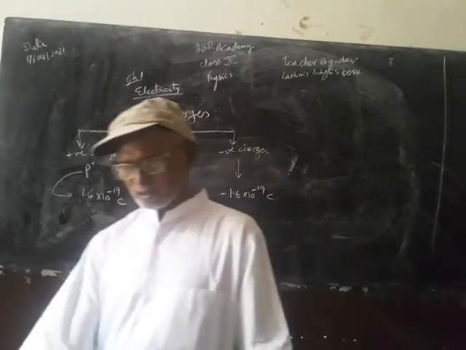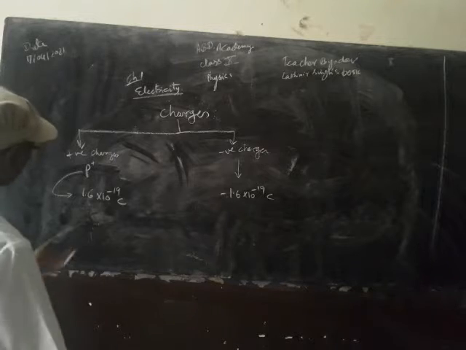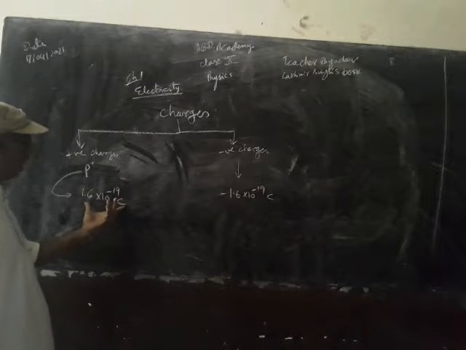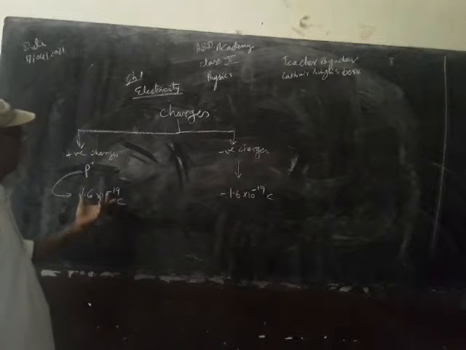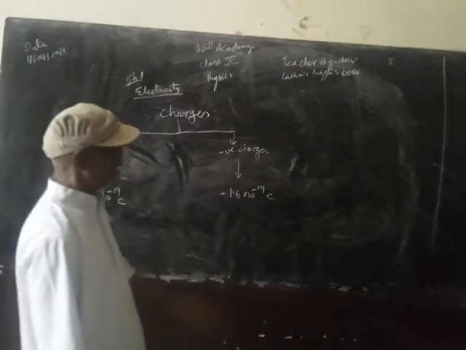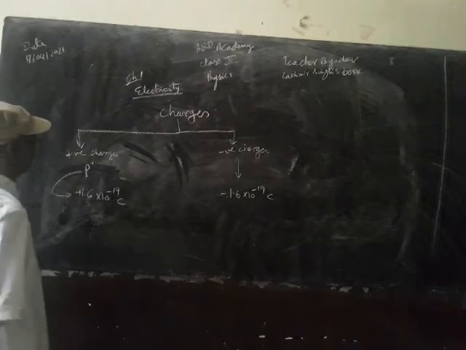Here coulomb is unit of charge, and this 10 to the power minus 19 means a very small part of coulomb is charge on a proton. These are fundamental charges. Both are equal and opposite. This one on proton is positive.